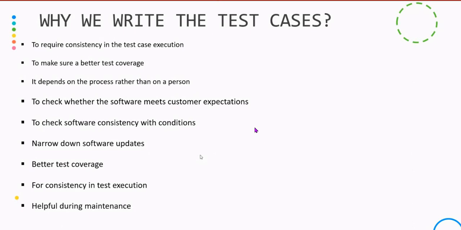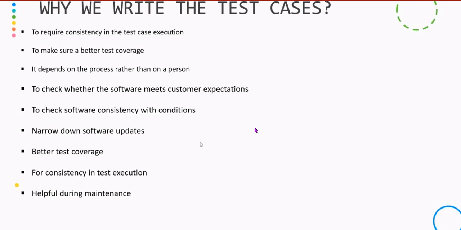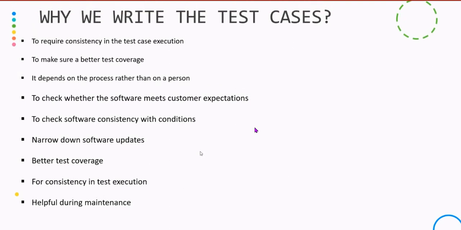Maybe he quit the company, but when a new tester is appointed to test the same software in the third release, he should come to know what is happening, what was essential during the first release and the second release. So that is why we maintain this test document, and to check whether the software meets the customer expectation.